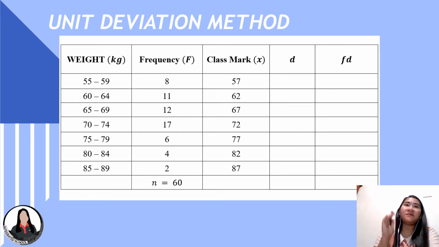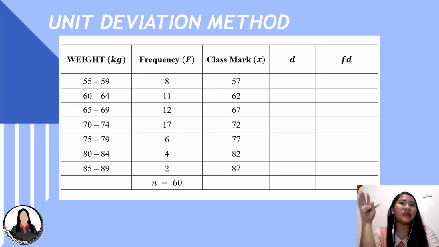Sa unit deviation method, mag-a-assume tayo ng isang interval kung saan sa tingin natin papatak yung mean. Saan makikita yung pinaka-average, aling interval. For me, nagaya na sa module, inassume ko na sa pangatlong interval papatak yung mean natin. Kasi since ang total natin is 60, yung kalahati ng 60 is 30.